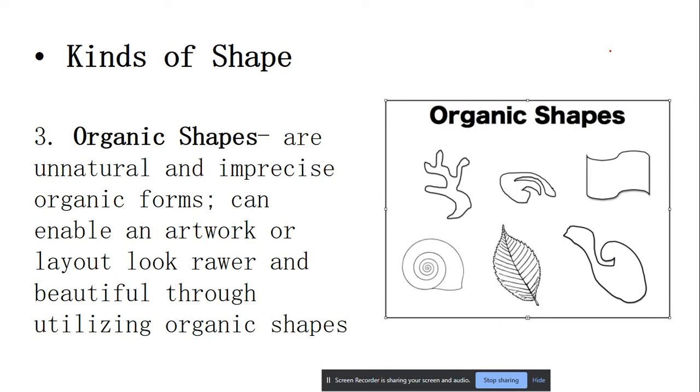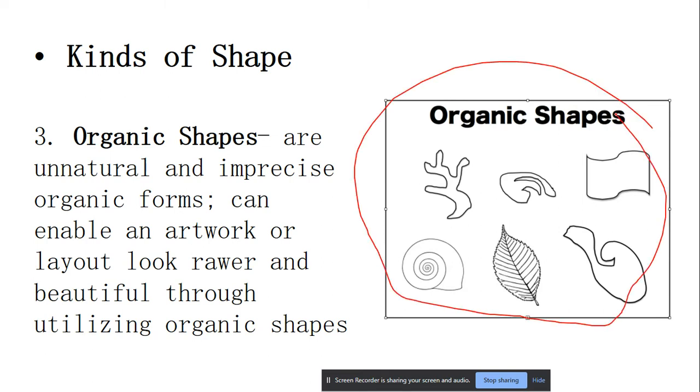And then we also have these organic shapes, which are natural and imprecise organic forms that can make an artwork or layout look raw and beautiful through utilizing organic shapes. Okay, so we have these organic shapes, swans.